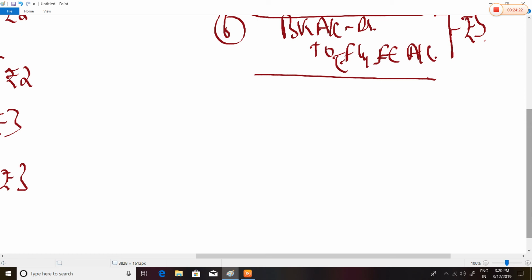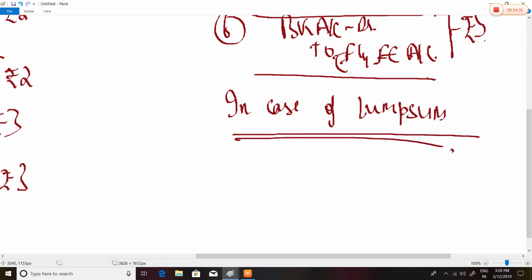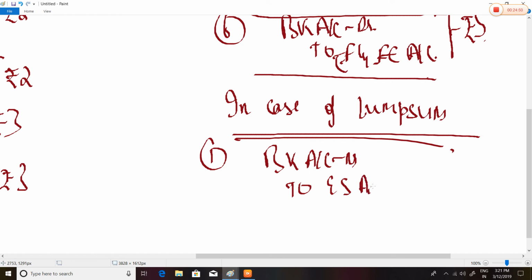What if we are given the case of a lump sum amount? If the amount is received in lump sum, in that case our first entry would be bank account debited to equity share application and allotment account.